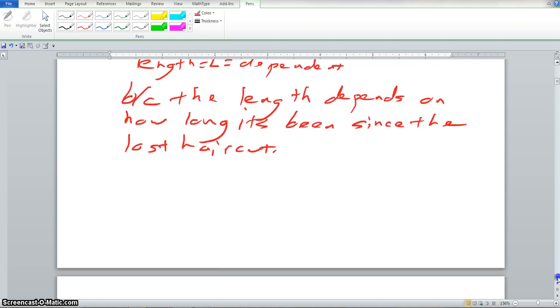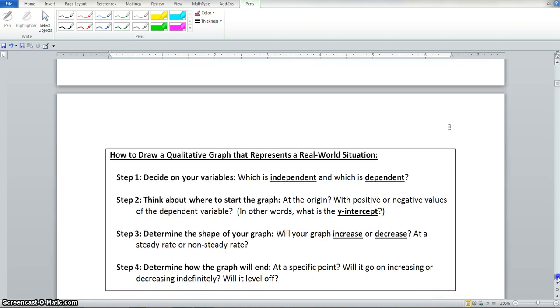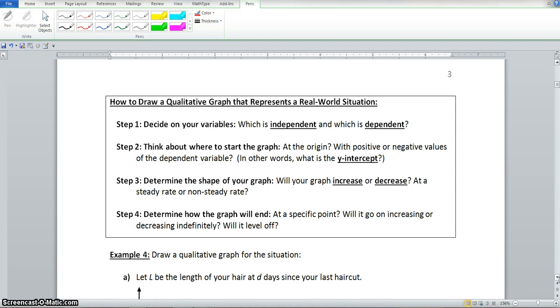So now we scroll down. Now we come here to the next page. It says how to draw a qualitative graph that represents a real world situation. Step 1, decide on your variables, which is independent and which is dependent. Step 2, think about where to start the graph. At the origin, with positive or negative values of the dependent variable.